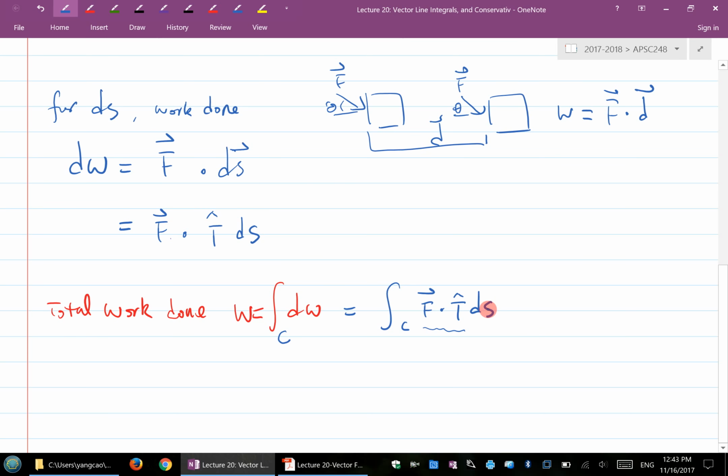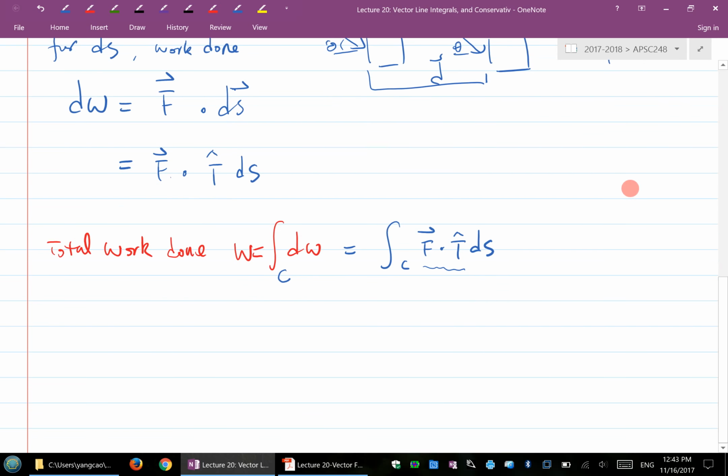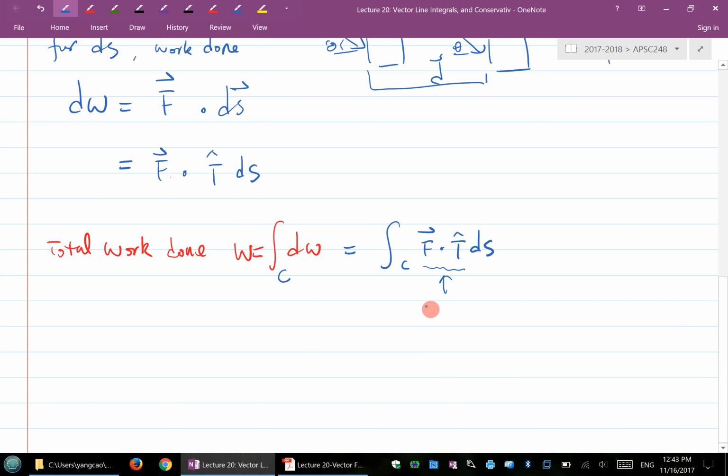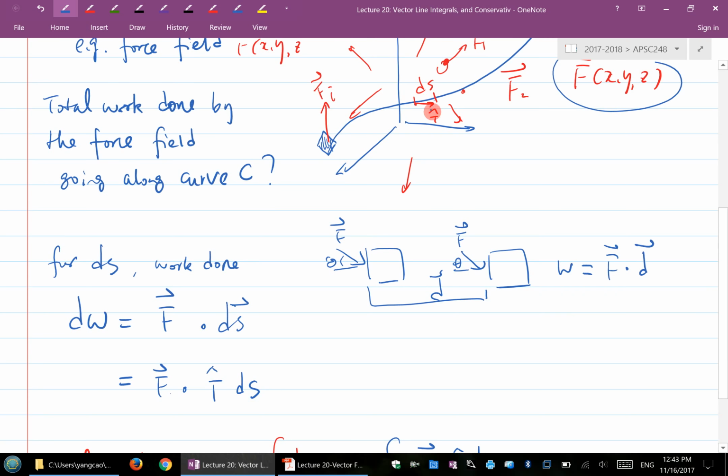And the other way of thinking is this. This one here is basically the projection of F in the t hat direction. So at one location, you project F into the t hat direction. At the second location, you do the same thing.